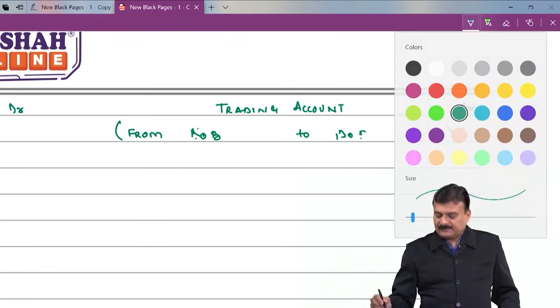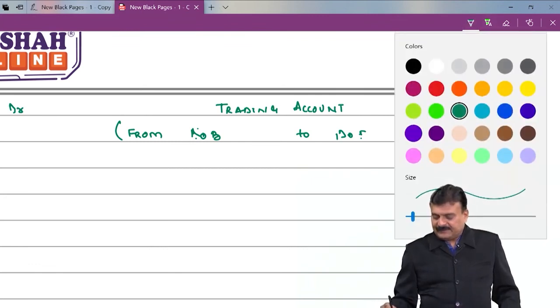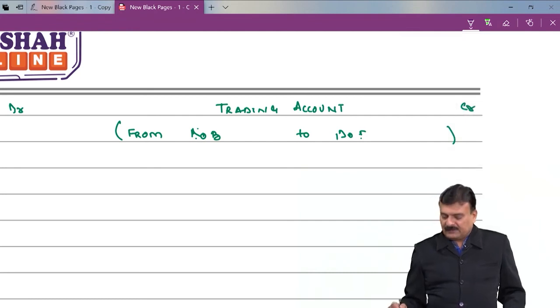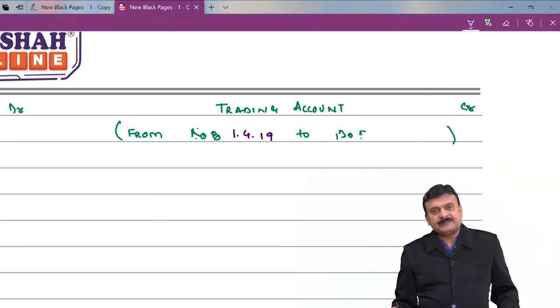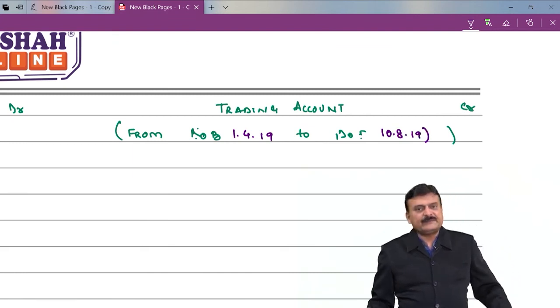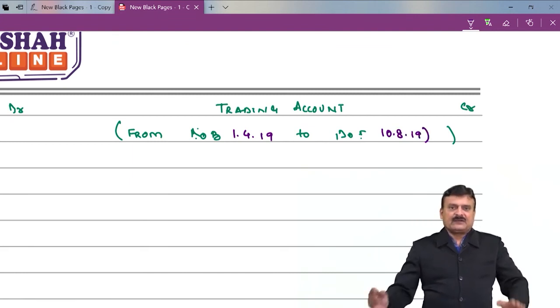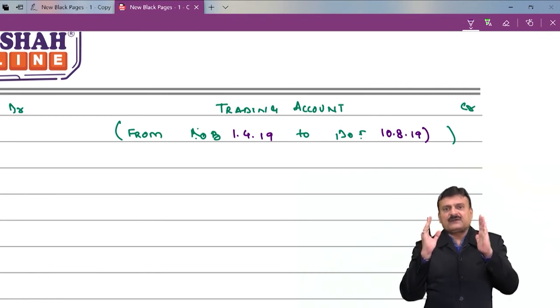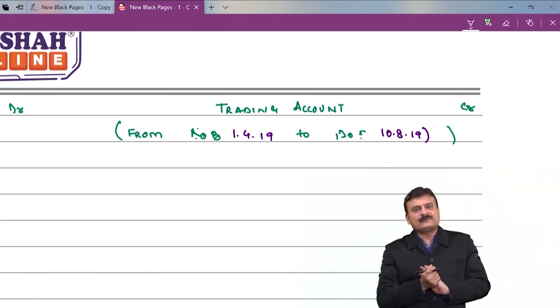In our example, what is the date of beginning of the year? My date of beginning of the year, assume, is 1/4/2019. And what is the date of fire? I am assuming 10th August 2019. So my trading account will cover figures from 1st April to 10th August.